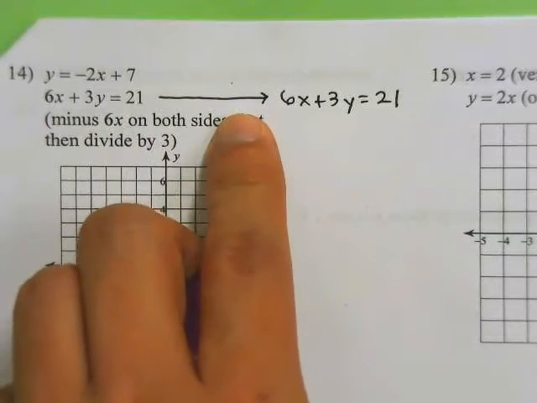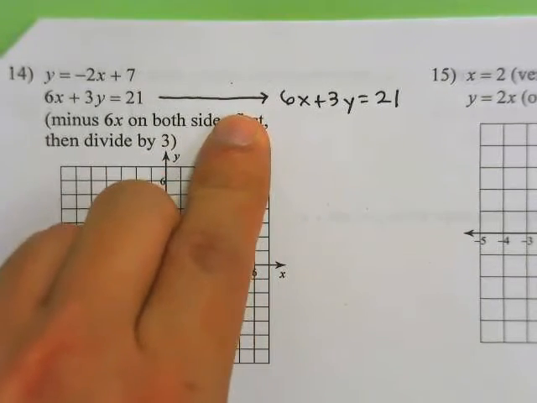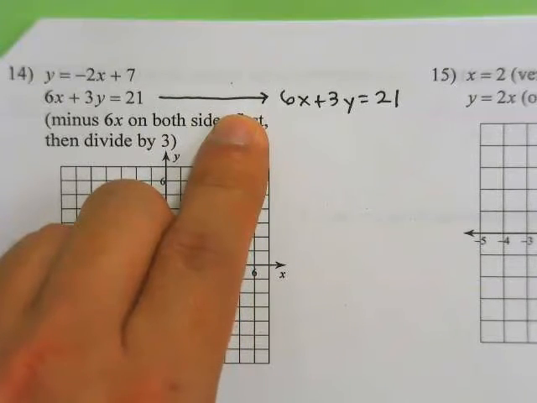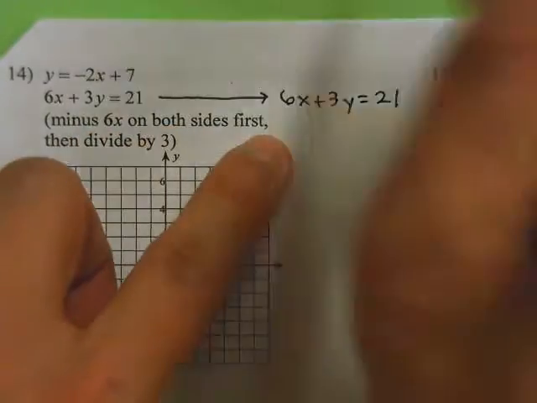All right, for those following along, what is going to be your first step? Well, actually, I even wrote it. Minus 6x on both sides first. Yeah, let's go ahead and do that.